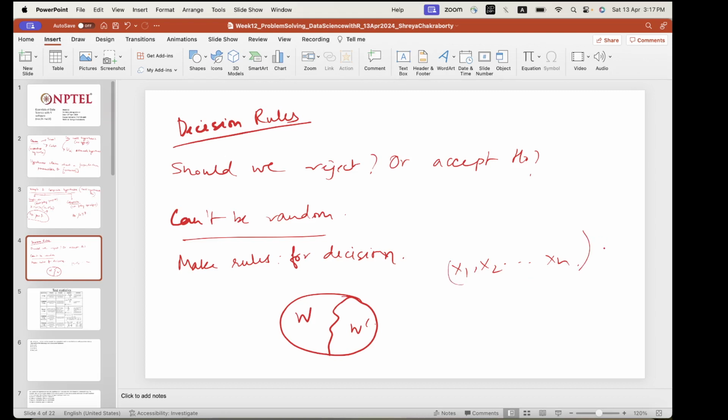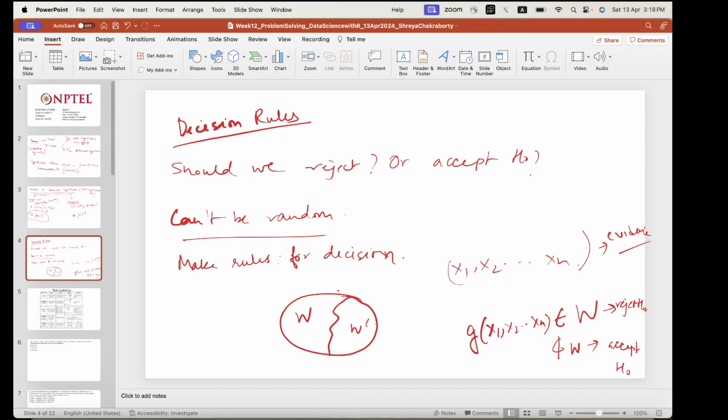So this sample is sort of the evidence at hand. If some function of these samples belongs to W, I am going to reject H naught, and if it doesn't belong to W, then I am going to accept H naught.